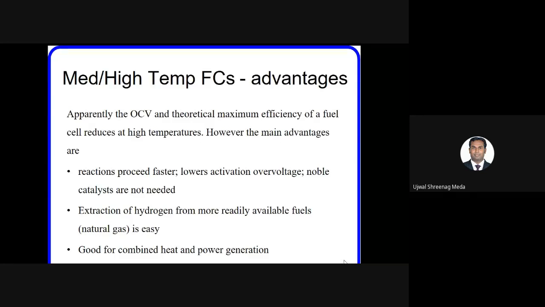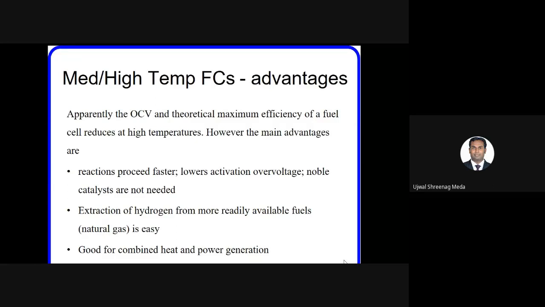And extraction of hydrogen from more readily available fuels is easy. That means we can make use of the high operating temperature. Because of that reason, you can subject the fuels to reforming or other processes. So pre-processing can happen within the fuel cell, and the required hydrogen can be generated from fuels such as natural gas or hydrocarbons.